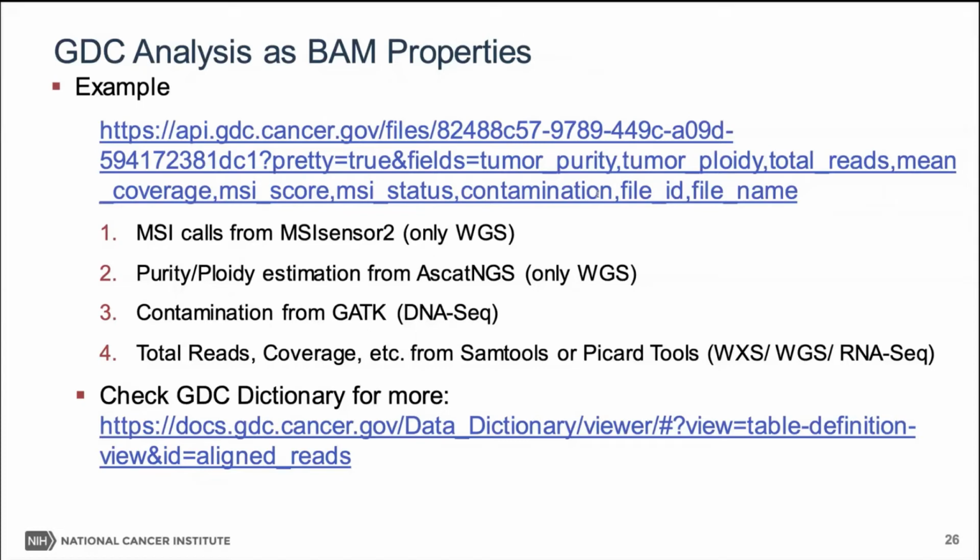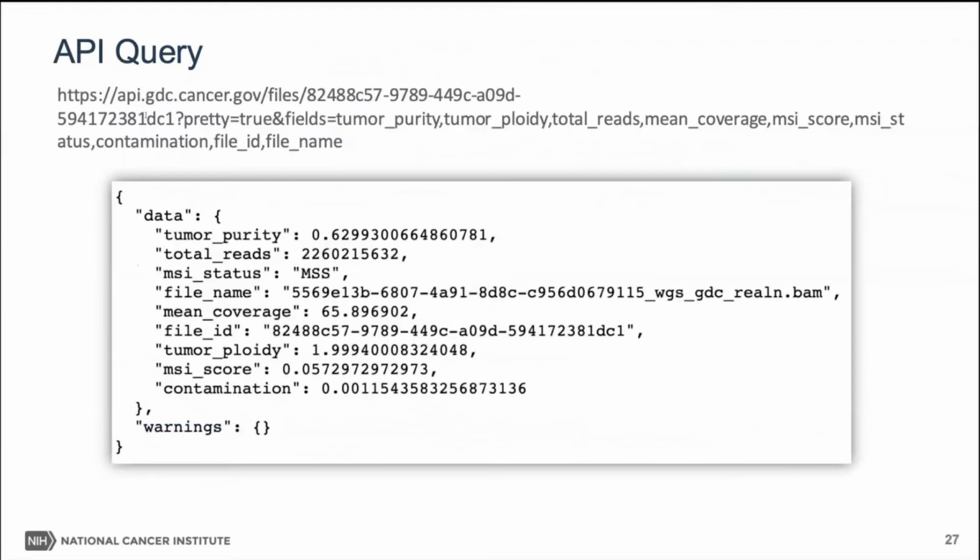And there are a lot more that you probably want to go to the dictionary viewer to look at, but if we just do the query I just mentioned, you will get a JSON payload that gives you the coverage of this whole genome file is 65x, 66x, and the ploidy is almost diploid, and purity is 63%, pretty pure, and also has contamination very, very low, so it's a very good quality BAM file.